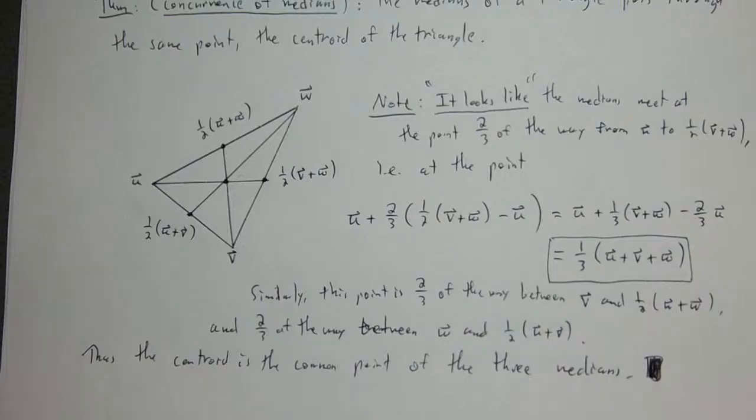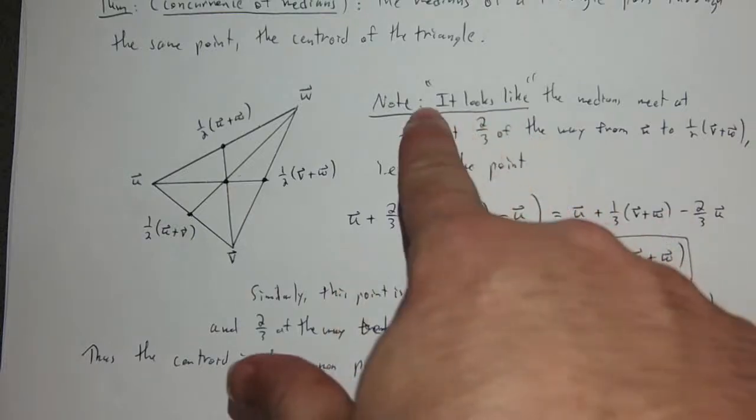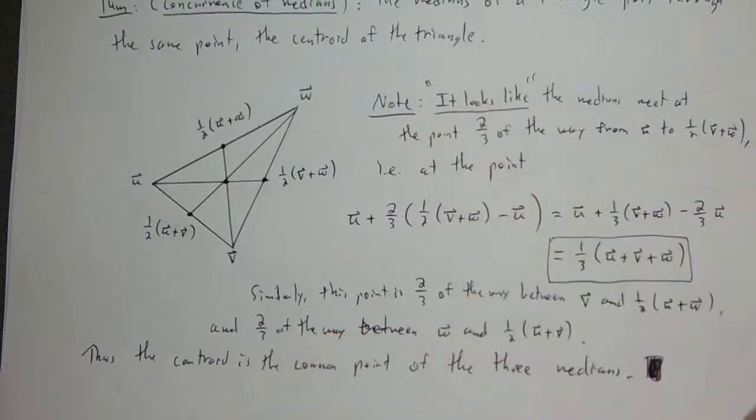This is my intuition from just looking at the diagram that I've drawn here, okay? So that is not part of the proof, really. This is just my guess. The point is, the second that I write this down algebraically, now this algebra says that this it looks like part was actually true.